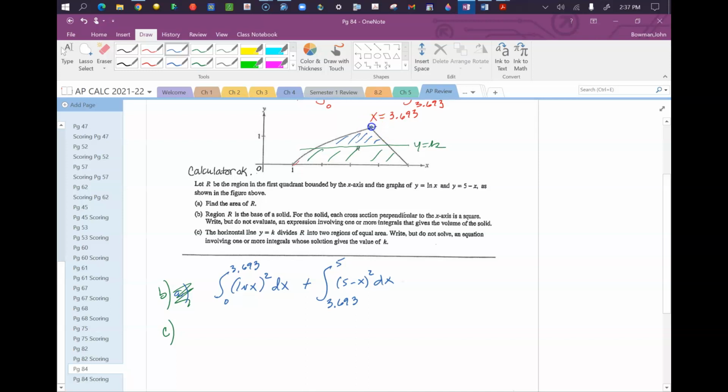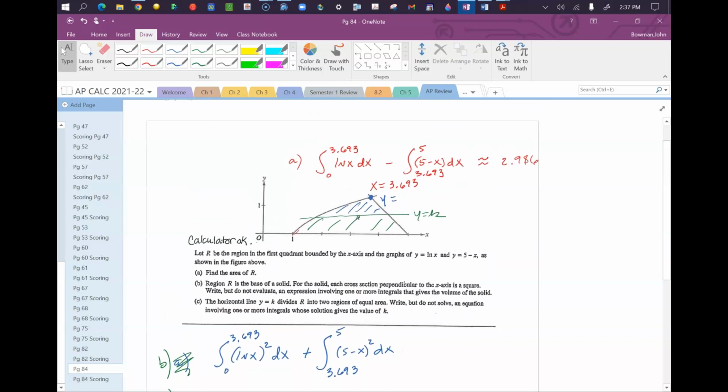y. And again, this y value, if you found that on your calculator, turns out to be 1.307. The line y is equal to 5 minus x. If you solve that for x, turns out to be 5 minus y. And the curve y is equal to ln x. If you solve it for x, x turns out to be e to the y.